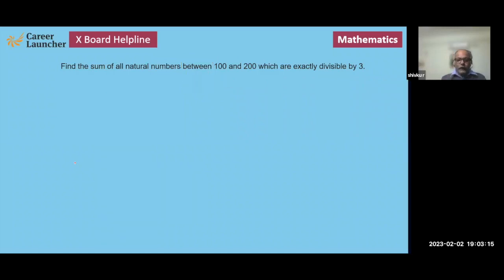Find the sum of all natural numbers between 100 and 200 which are exactly divisible by 3. Okay, so while you're solving it, let me introduce.